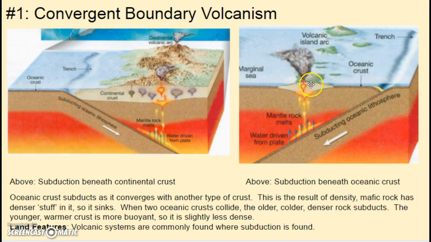And in Southeast Asia, we have these volcanic island arcs as well. The denser material is going to subduct, and it's going to melt out. We studied this with Bowen's reaction series. Lower melting point minerals are going to rise, and these are the potential ingredients for very, very powerful eruptions.